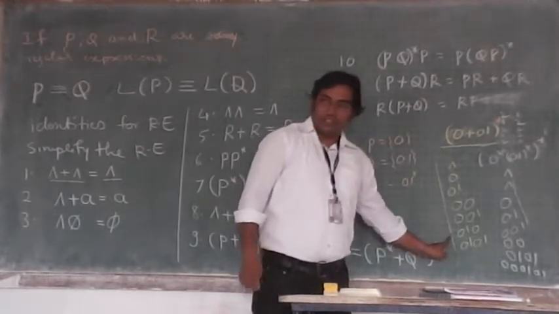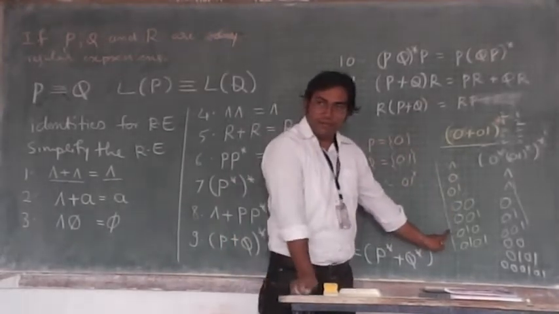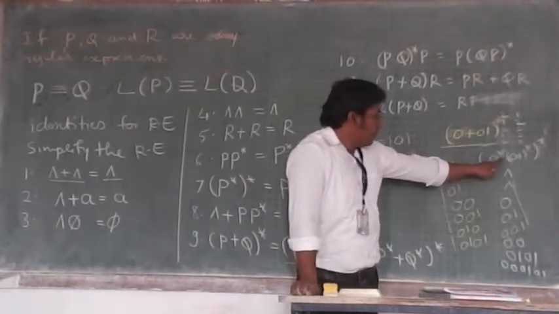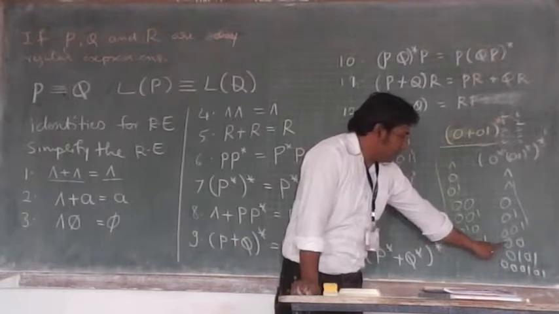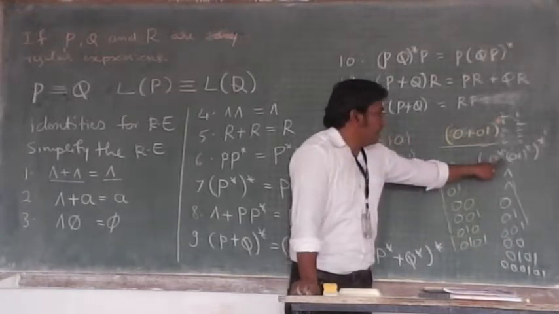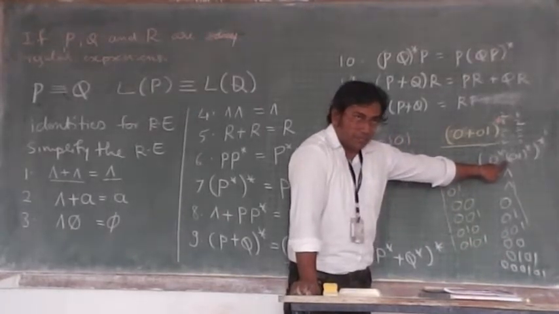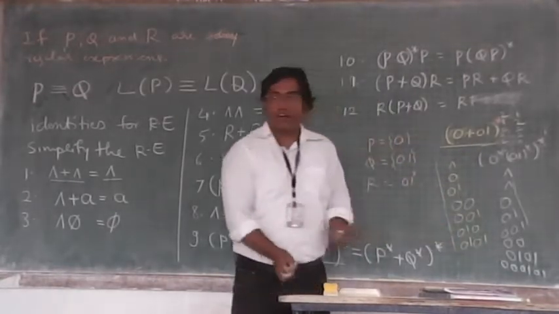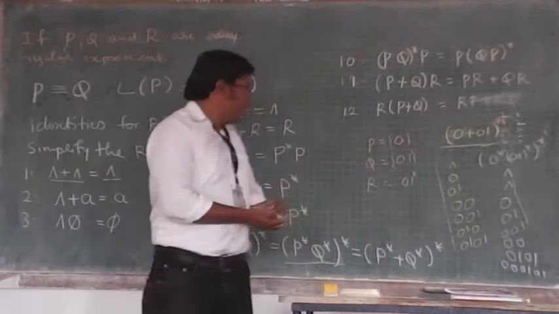This set of strings we have generated by using this particular regular expression. Then these are the set of strings generated by having this regular expression. Or are these two set of strings equal or not? Equal है क्या?